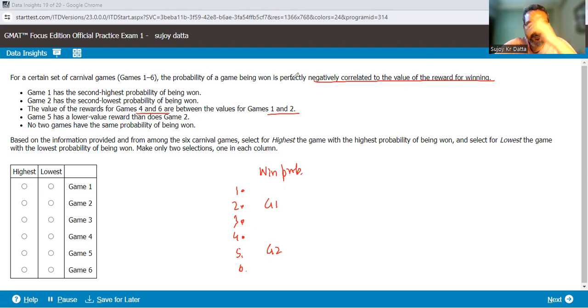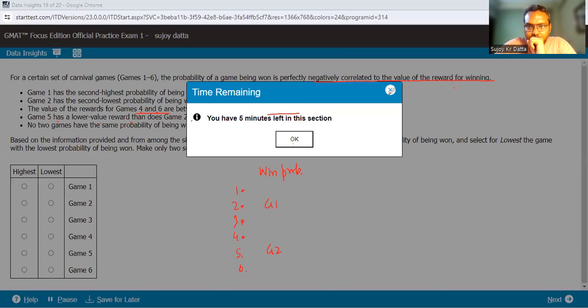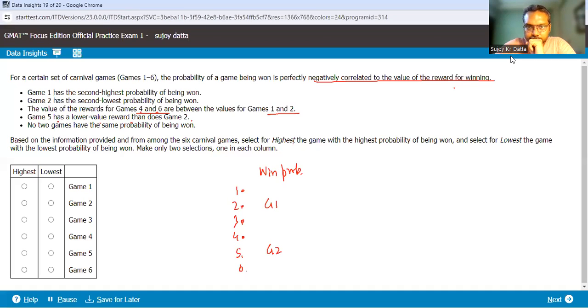So they're saying probability is negatively correlated to the reward. So high reward means low probability. So 4 and 6, okay, 5 has a lower value than 2. If 5 has a lower value than 2, that means 5 has a higher probability than 2. So 5 is somewhere here.